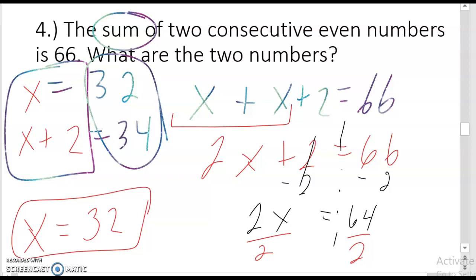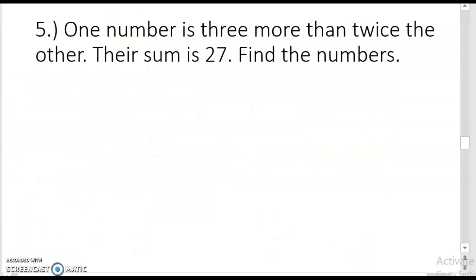And I believe I have one more example I'd like to do. One number is 3 more than twice the other. Their sum is 27. Okay, so the first sentence is talking about two numbers. One of them we don't know, it's just a random value of x.